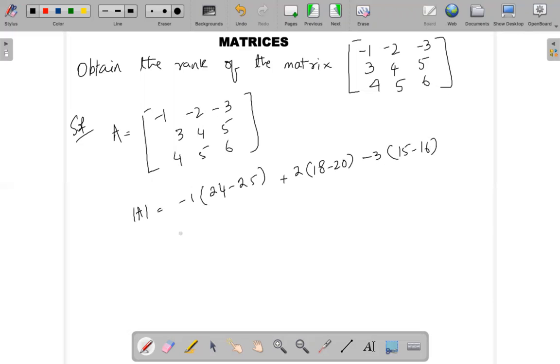Now if you simplify this, you get 0. The determinant of this is 0.